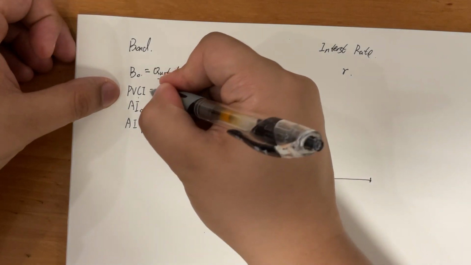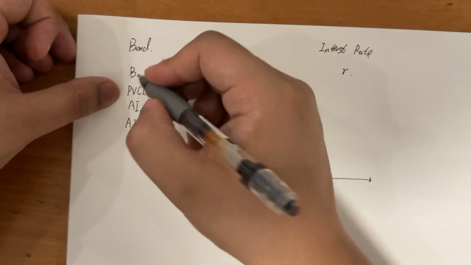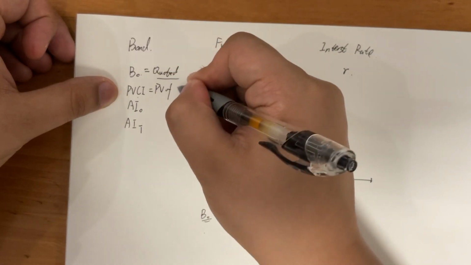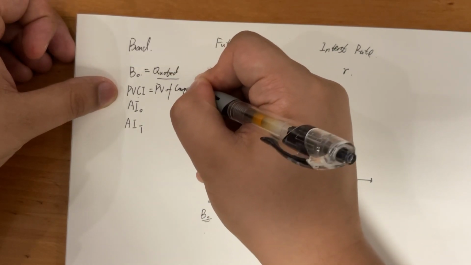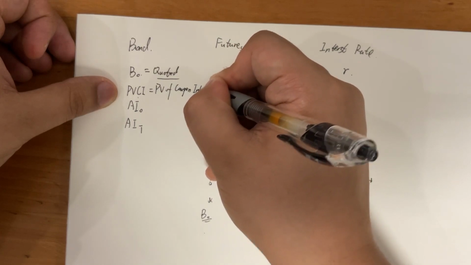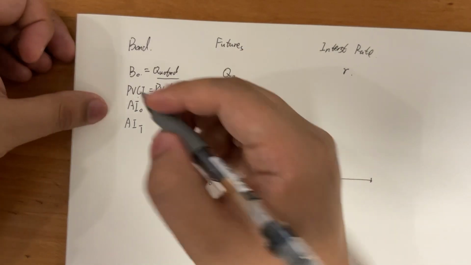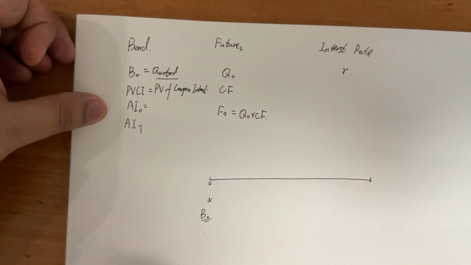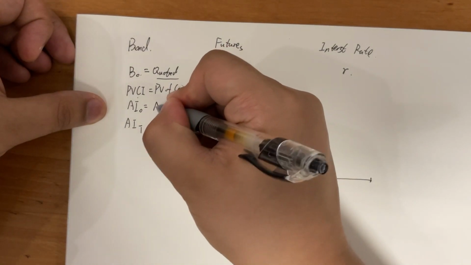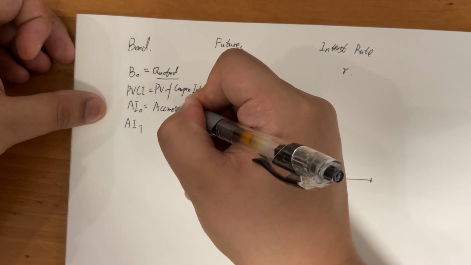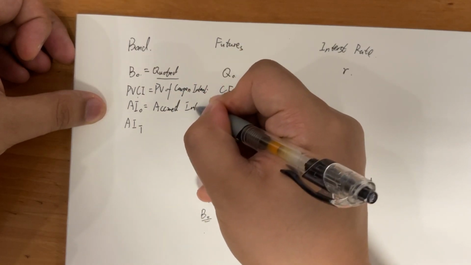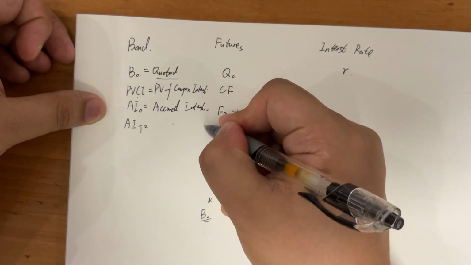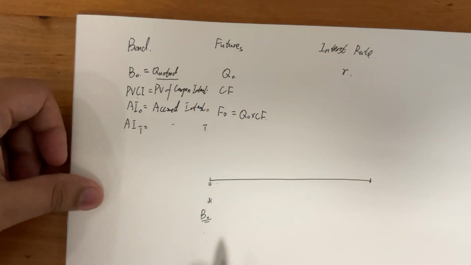So this specific time I'm just going to say present value of coupon interest. Then we have AI0, which is accrued interest at time zero, and AIt will be the accrued interest at time t. This doesn't matter that much.